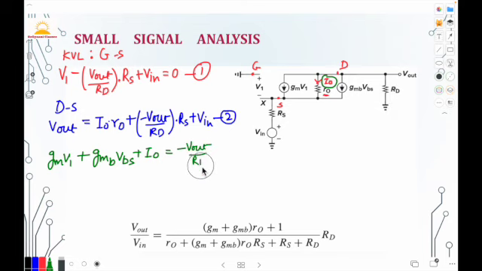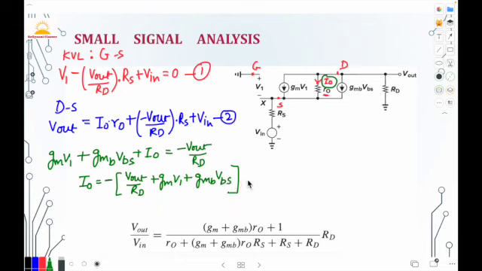Why am I writing this? Because from this equation we will get the expression for I naught. Taking the negative sign common, we have V out upon RD plus GM V1 plus GMB VBS.